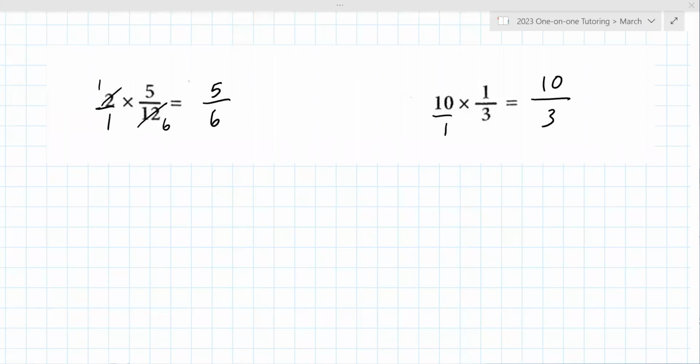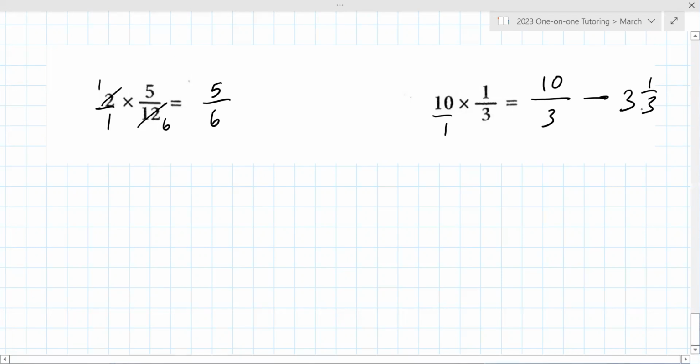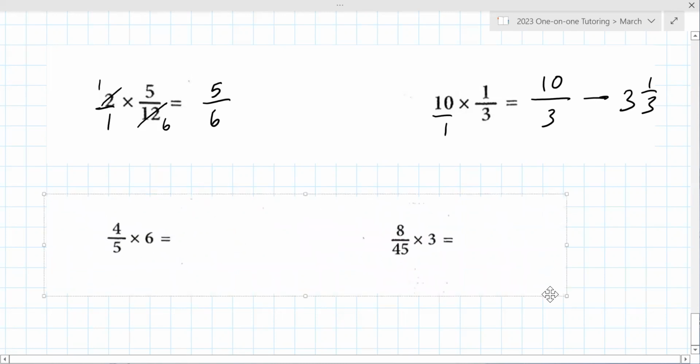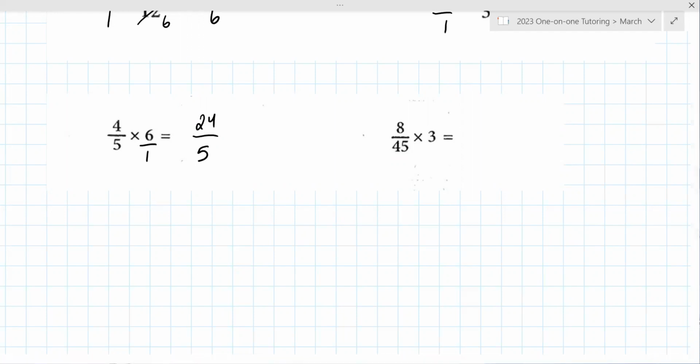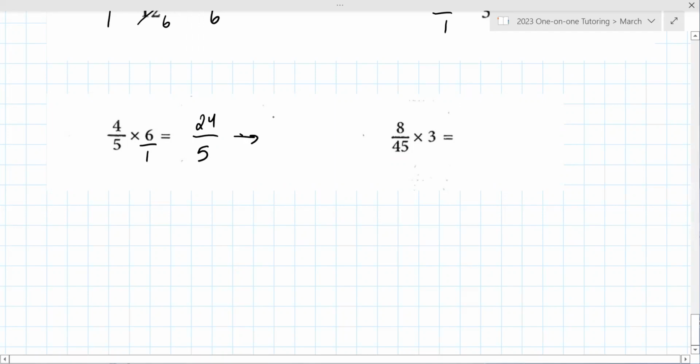3 can go into 10 three times. The remainder 1/3. Good. Very good. Yeah, the next one is 6. So nothing.